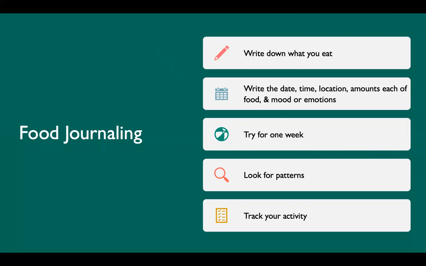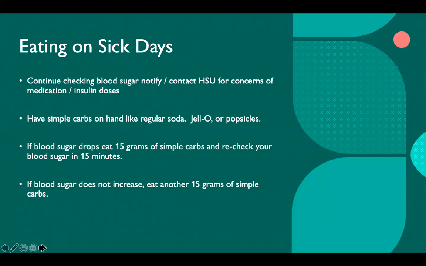And then it could help you look for patterns. And you could even write down your blood sugar at the time. So say if you had your blood sugar spiked, if you write down the meal associated with that spike, it might help you track your patterns. And then again, you could always keep your food journaling log and your exercise log in one.